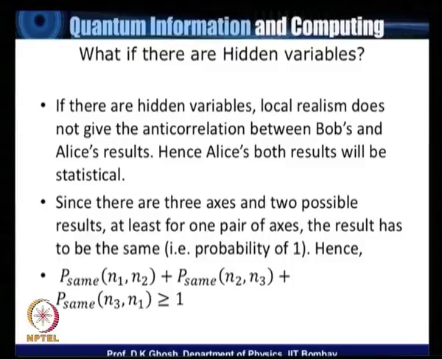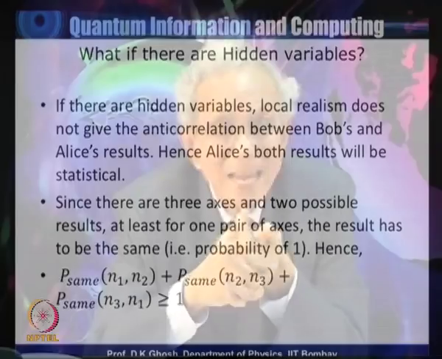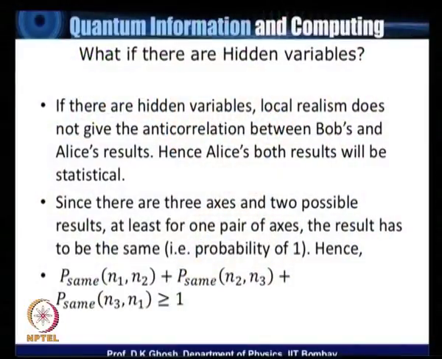But then Alice can make the measurement along the two axes, because there is no collapse of the wavefunction. Now we recalculate P same for n1 n2, n2 n3 and n3 n1. But remember, I have only 3 possible results. I can have plus plus, minus minus, or plus minus and minus plus.